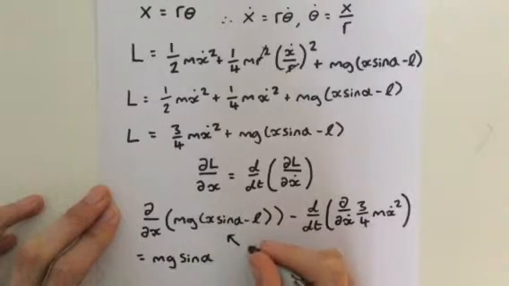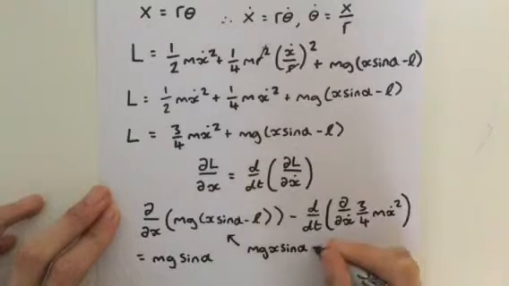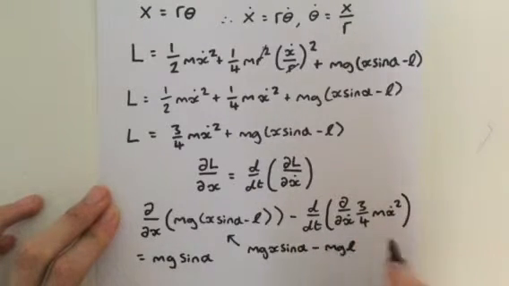We get mgx sine alpha minus mgL. mgL is a constant that has no x terms in it.